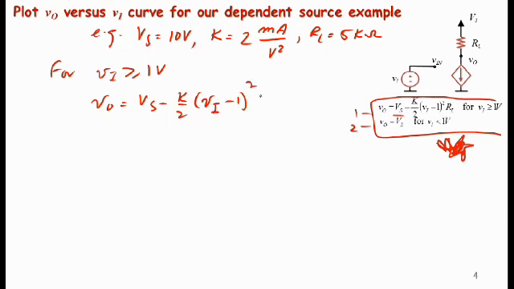So Vs is 10 minus, K is 10 to the minus 3 amps, divided by 2, and then I have (Vi minus 1) whole squared, and RL is 5 times 10 to the 3 ohms.